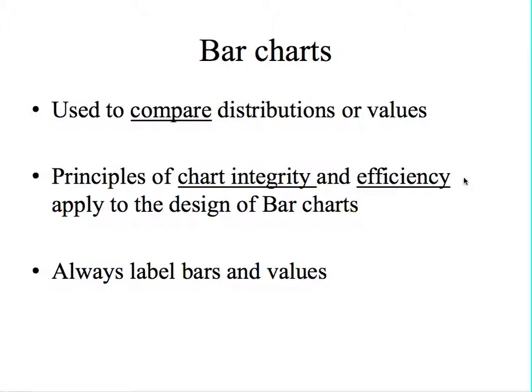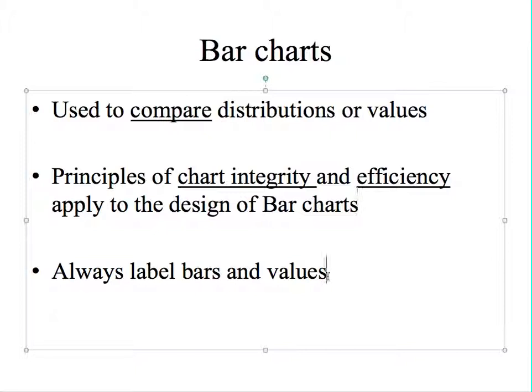Your bar charts have to have integrity, and you should call out people that are not using integrity when they do bar charts. Another thing that is important for bar charts: always label the bars and the values that you have.